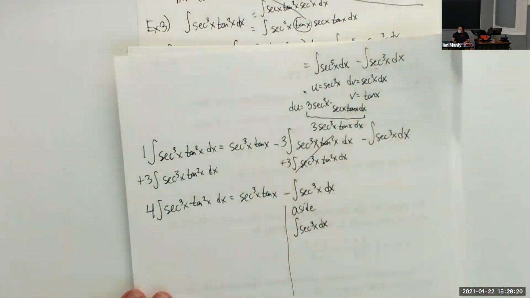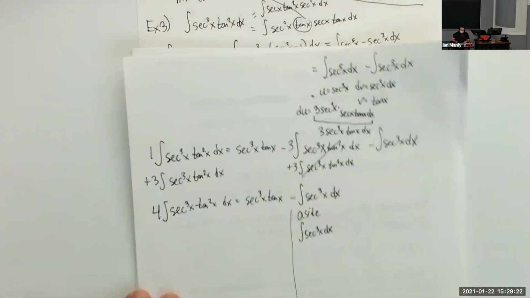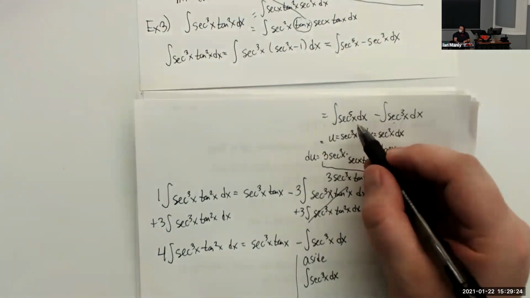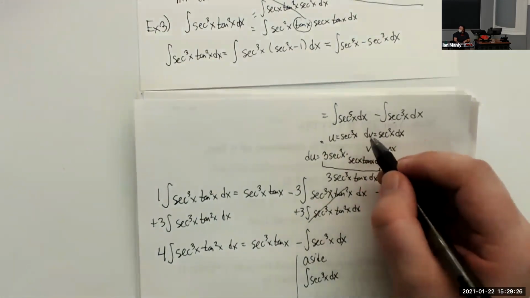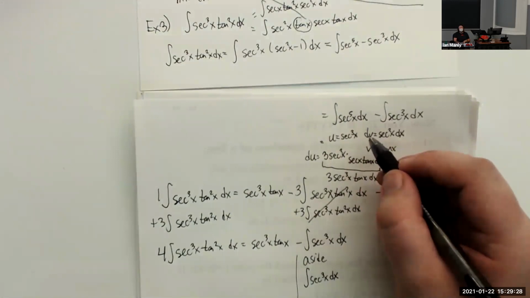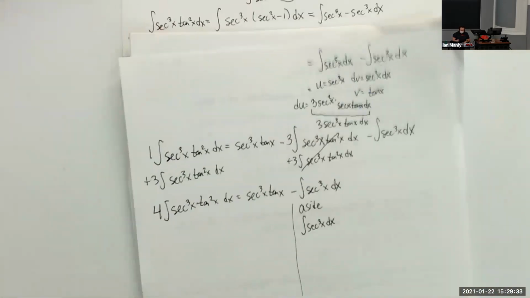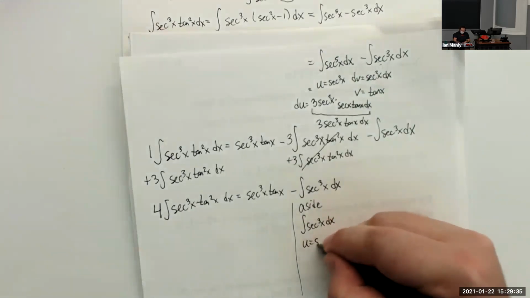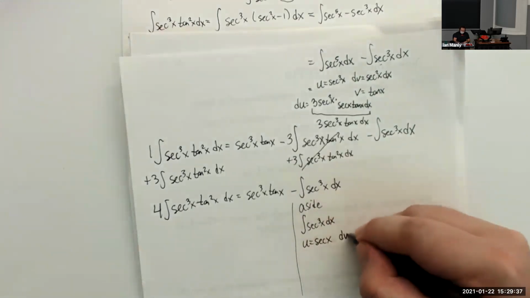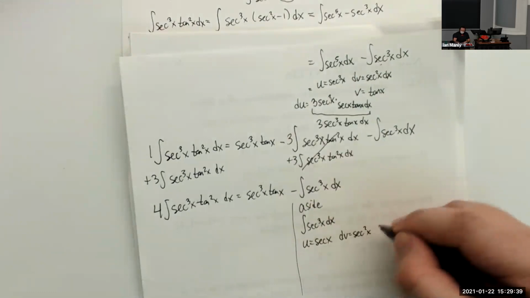Now the way I'm going to do this is the same way that I approached the integral of secant to the 5th. I know that if I make my dv be secant squared, I'm going to get a nice v out of that. So I'm going to make my u be secant and my dv be secant squared.